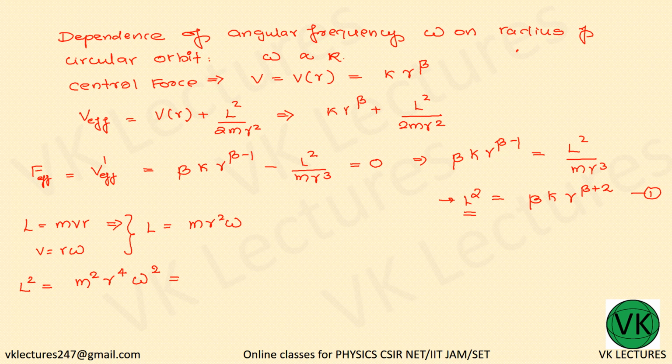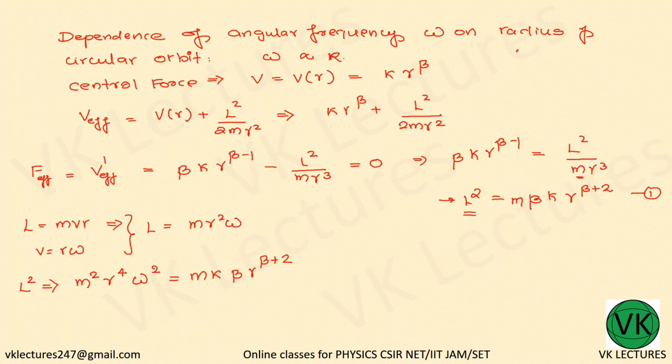Now let us bring that L square here. We have made a mistake here: L square is equal to this, and m also should be here. So L square is m k beta r to the power beta plus 2.